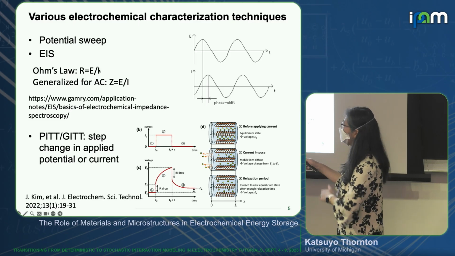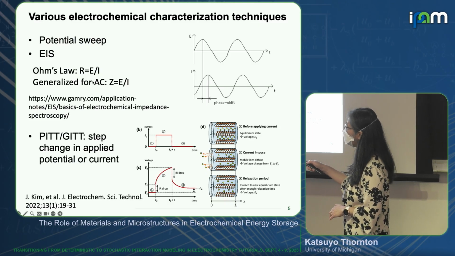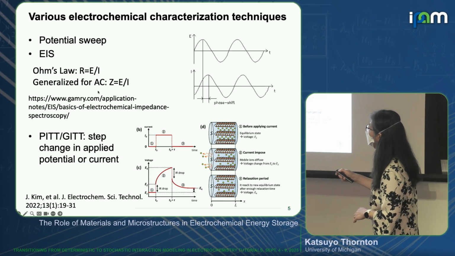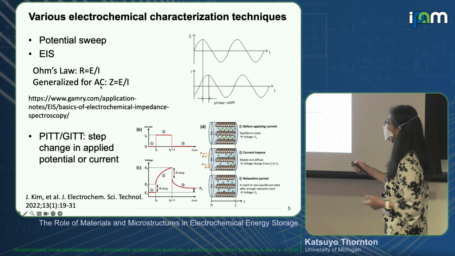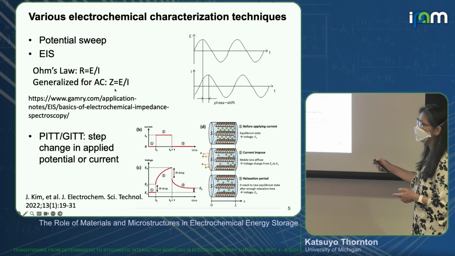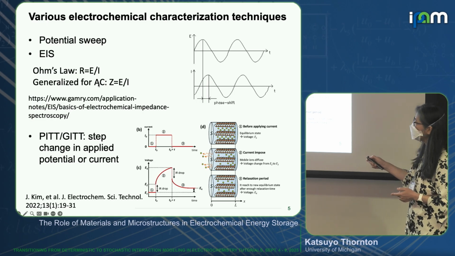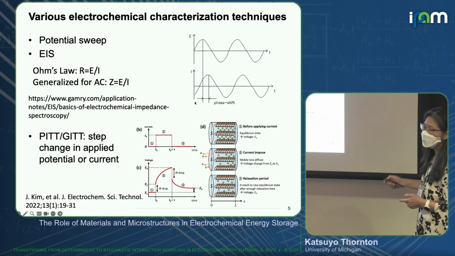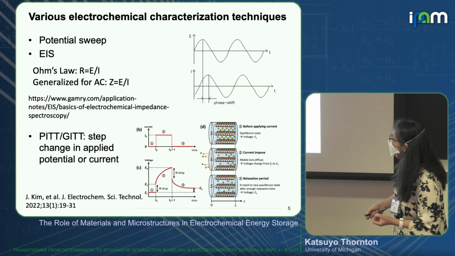You can do one way or the other. Basically you have Ohm's law generalized for alternating current. So you have a complex form of the resistance, and that includes this phase shift. That allows us to extract more information from the data.